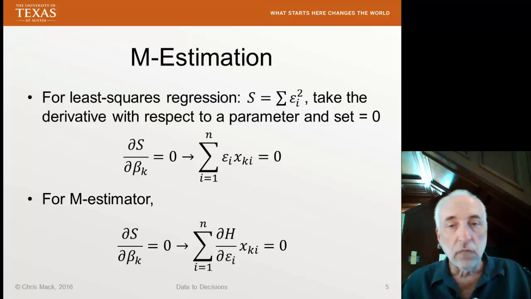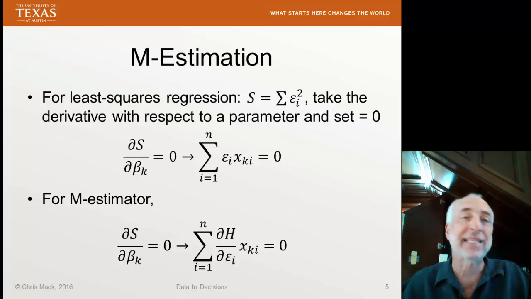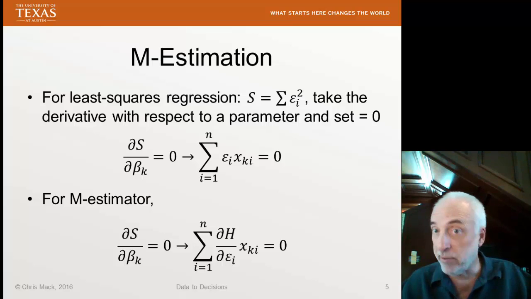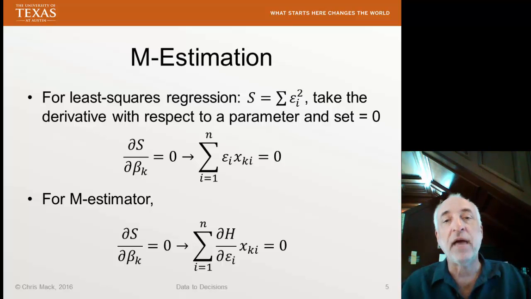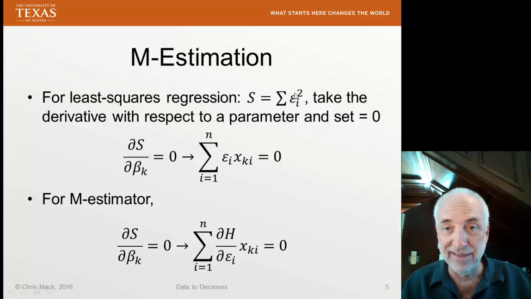All right. Recall how ordinary least squares works. We have S equal to the sum of the residual squared. Then we're going to take the derivative with respect to every parameter in our model and set it equal to 0. Find the value of the parameter that minimizes S. In our case, we take the derivative of epsilon squared with respect to our parameter.